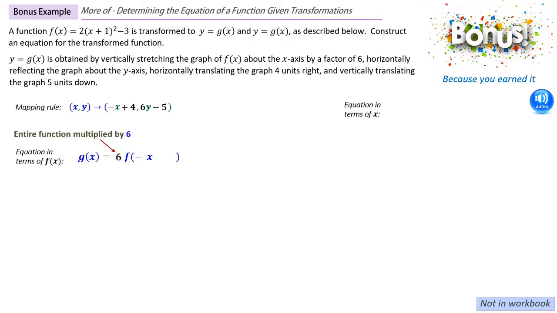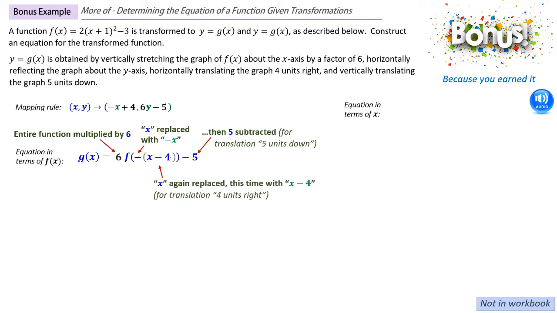The vertical stretch gives us a coefficient of 6. We will subtract 5 at the end outside of the brackets because of our translation. Our reflection replaces x with negative x, and then our translation 4 right replaces x with x minus 4.